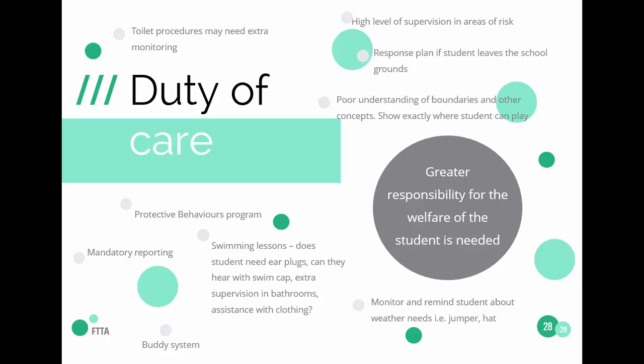Poor understanding of boundaries and other concepts: showing exactly when and where the student can play is very important, timing it, having playtime as a reward, but making sure there are boundaries within where they can go, what they can do, and how long they're allowed to play for, because some kids will literally want to play for hours and hours on end, and won't ever seem to get tired. They will get very cranky and upset if you try to pull them off the play equipment. So, having very structured rules around the expectation that you're allowed to play, but only for a certain period of time, and then we have to get some work done or move on to a different activity.